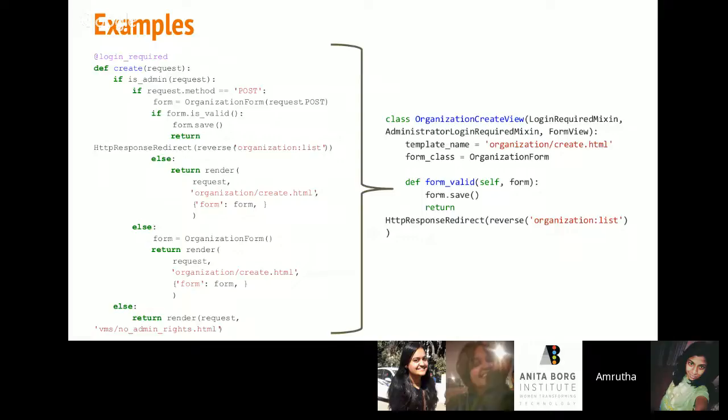I have migrated this function to the class-based view that you can see on the right side. OrganizationCreateView is the name of my class-based view, and I have some views called login required mixin, administrator login required mixin, and form view.